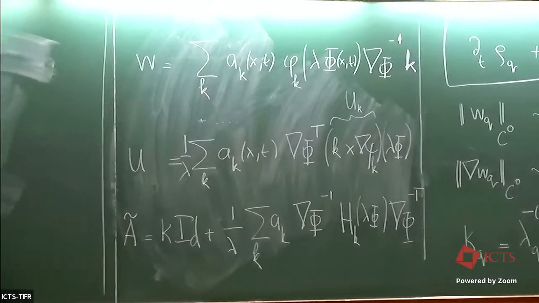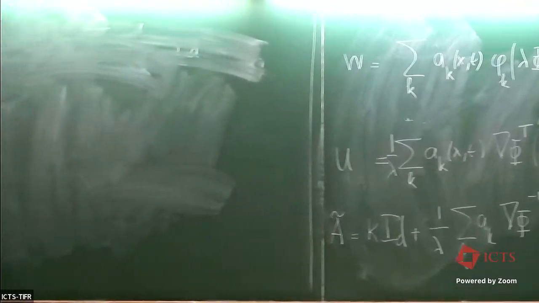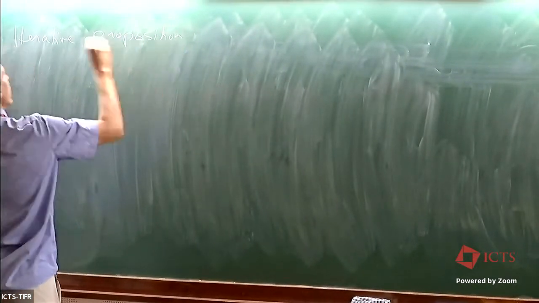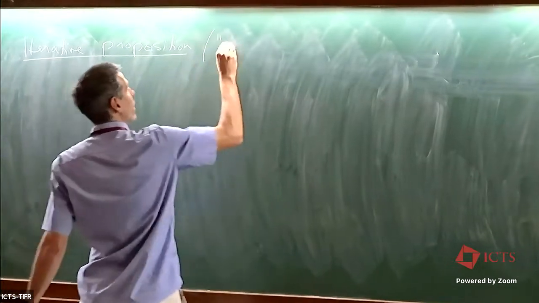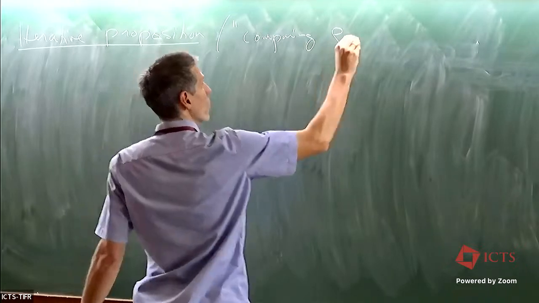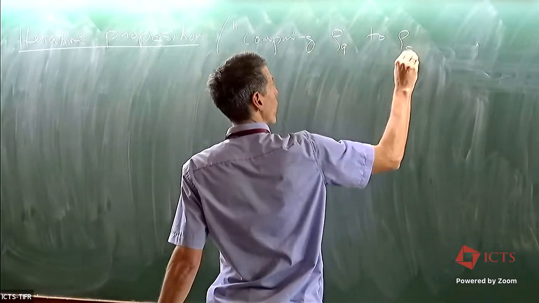This is sort of the iterative proposition, comparing rho Q to rho Q plus 1.